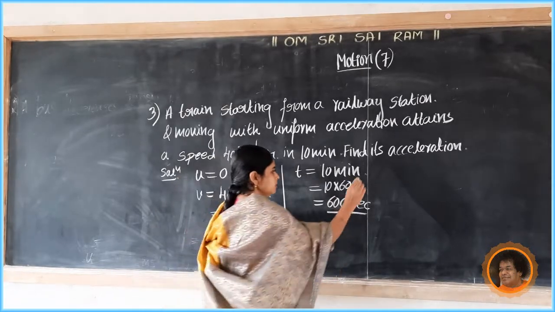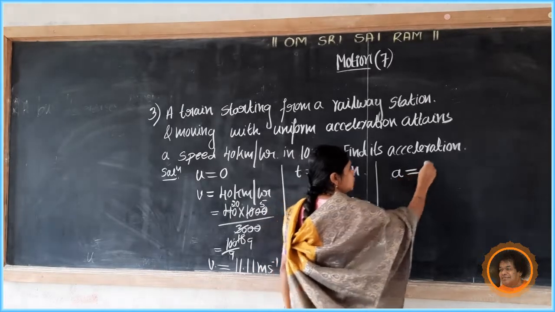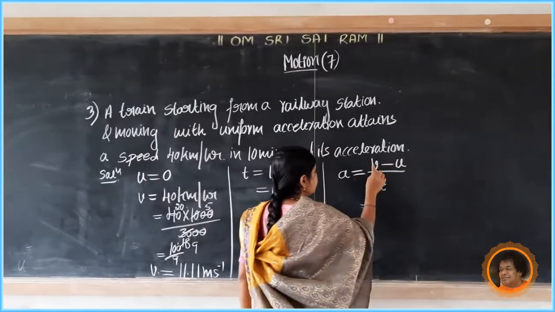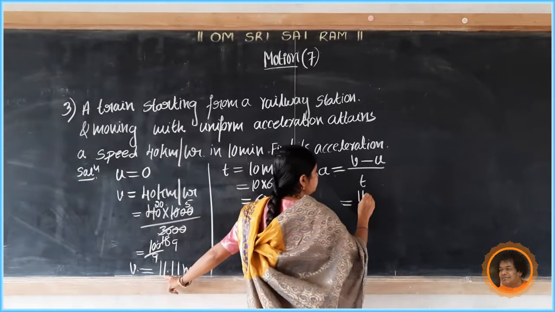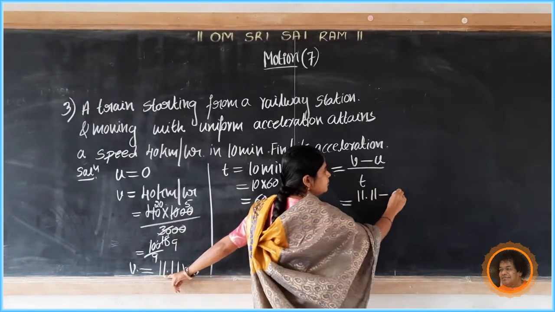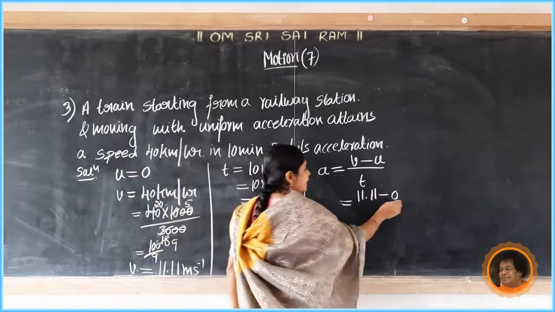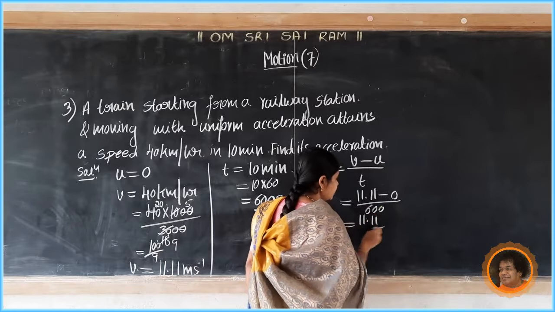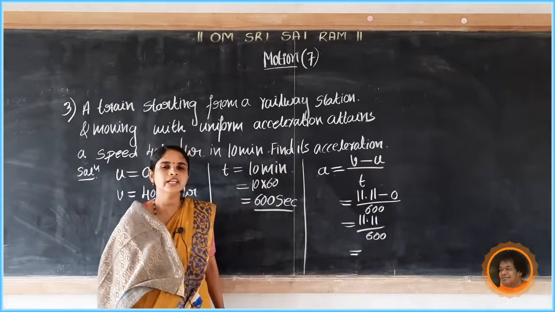Okay. Then find acceleration A. Formula: A equals V minus U divided by T. V, the final velocity, is 11.11 minus 0. 0 means here the initial velocity is 0, divided by 600, equals 11.11 divided by 600.